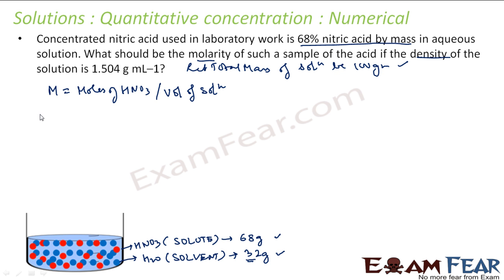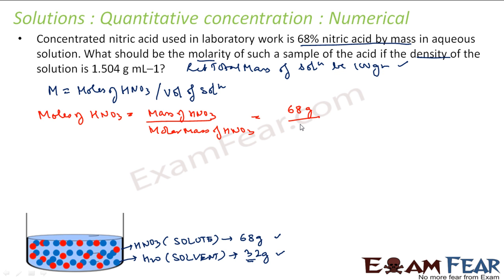So let's find moles of nitric acid. Nothing but mass of nitric acid by molar mass of nitric acid. What is the mass of nitric acid? 68 gram.